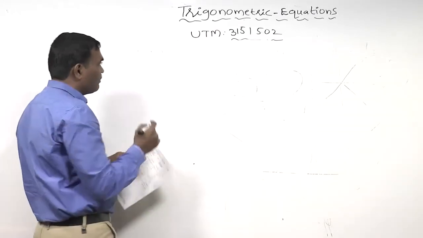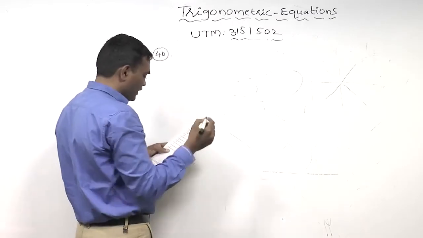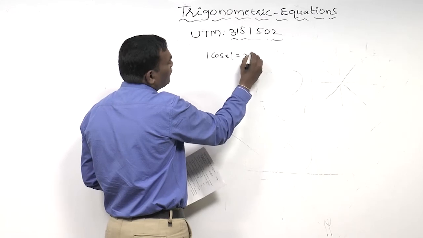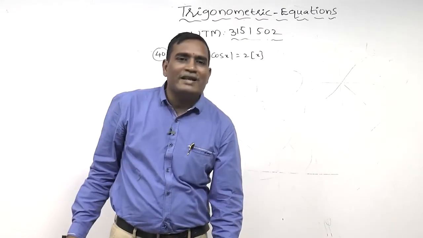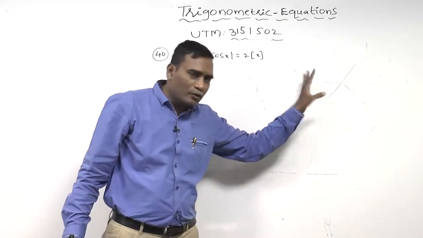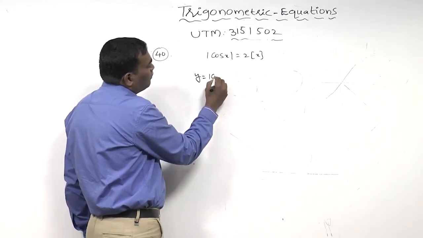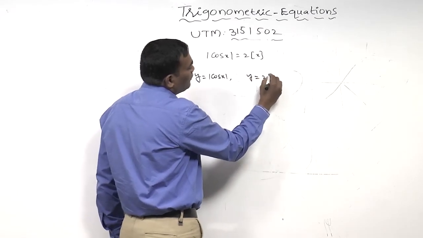Number of solutions means number of points of intersection. Now you draw the graph of y is equal to modulus of cos x and y is equal to 2 into step x.